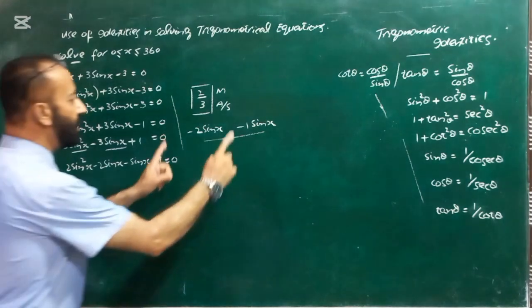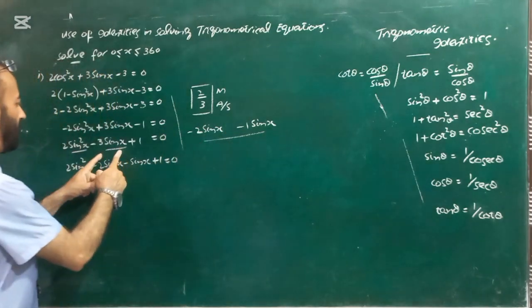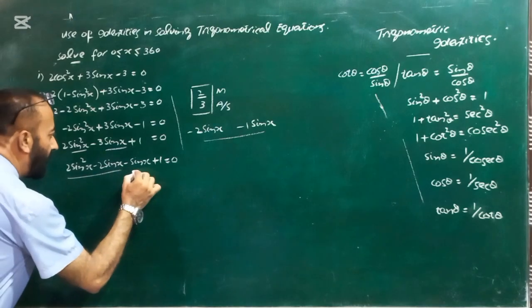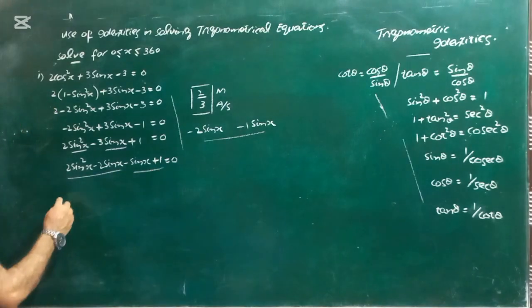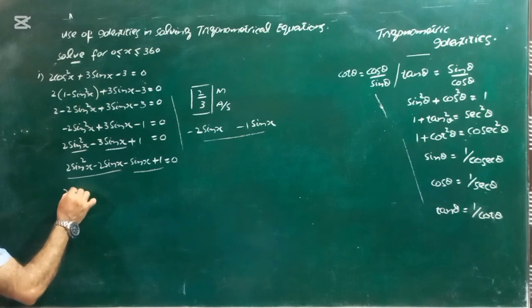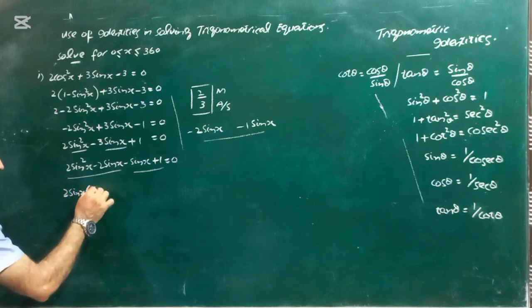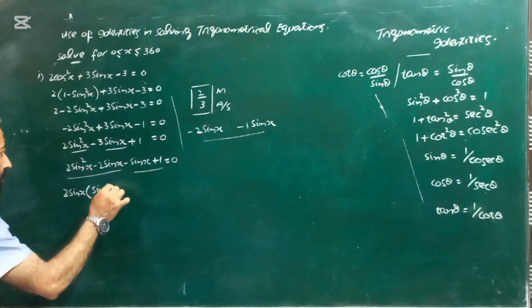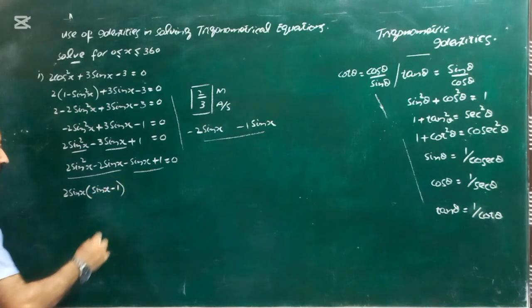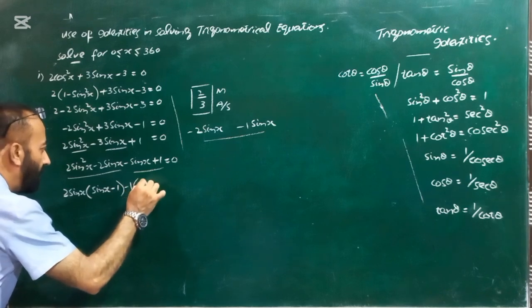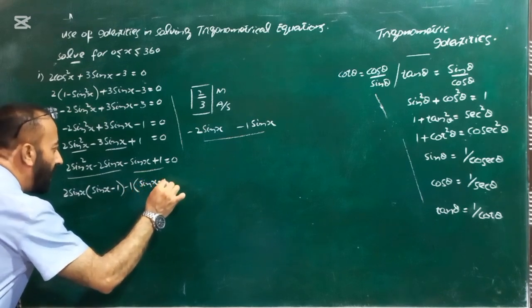So we have placed these two values in place of the central value. So now make pairs and take common. So in the first pair 2 sin x is common, remainder is sin x minus 1. In the second pair minus 1 is common and the remainder is sin x minus 1.